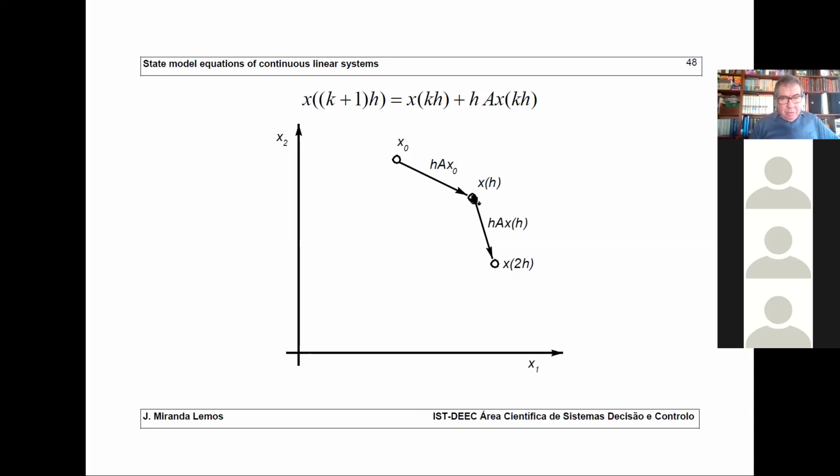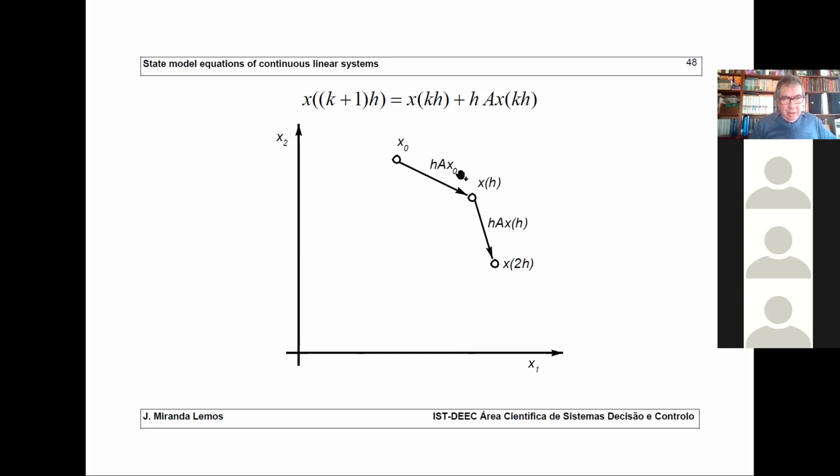Then at this other point, you move again by h, A, but now multiply A by the coordinates of the point where you are, and so on, and so on. What does this tell you? It does tell you that at each point, you are moving in a direction defined by A times that point.